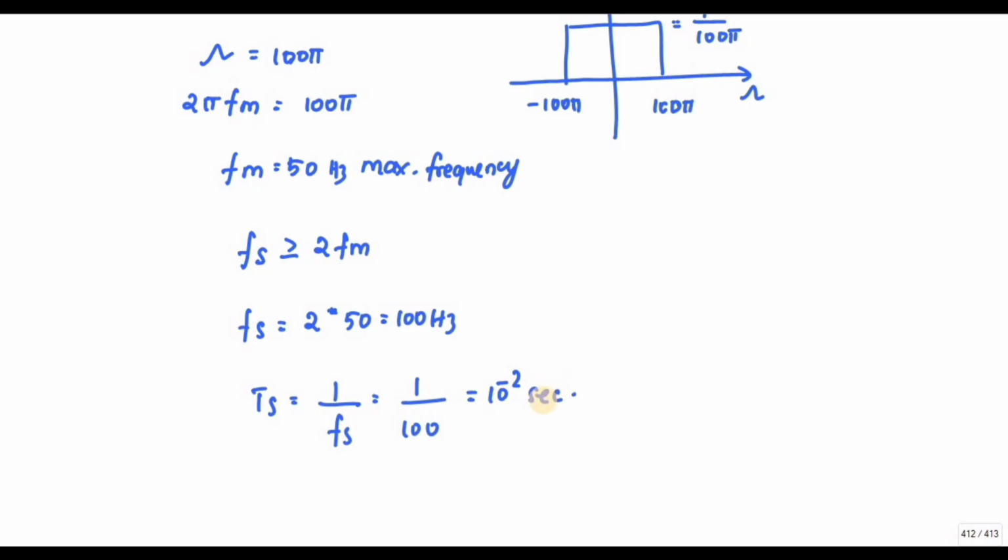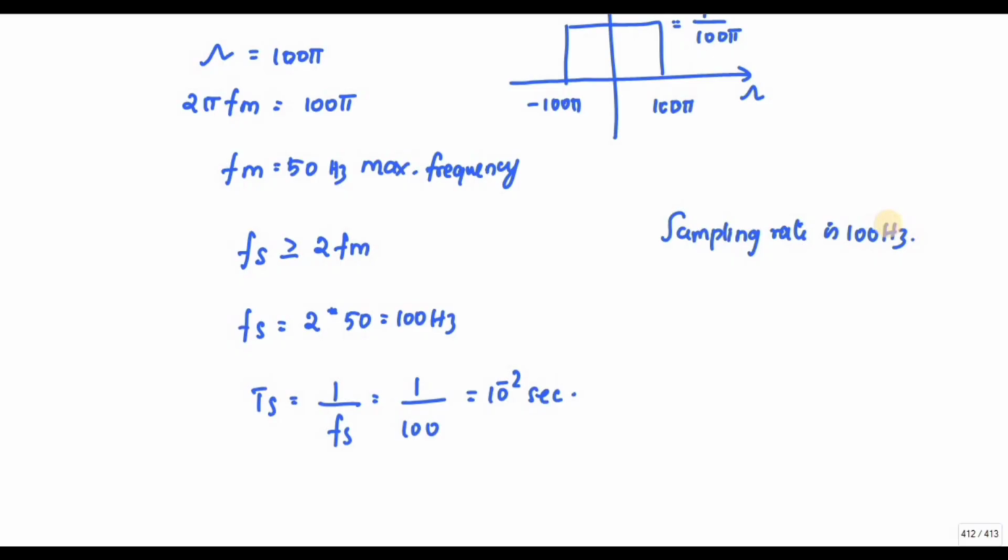So if the question asks, suppose the sampling rate is 100 hertz, because it is a sampling rate. If it is 100 hertz, here also this is equal to 100 hertz.